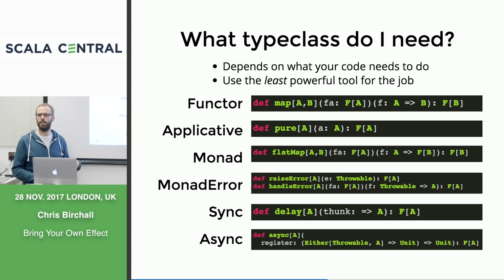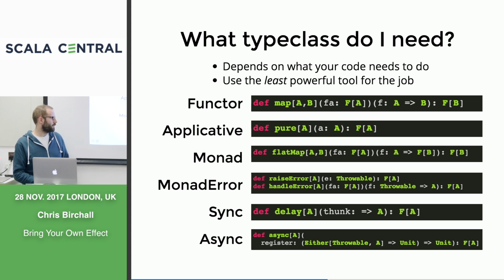It's a way of delaying your I/O, delaying your side effect. And this is what Scala ZIO Task and Cats Effect IO and all of the other ones do. You can take this chunk of side-effecting code that talks to the database or launches missiles or whatever, just wrap it in delay and it will be executed later when you want it to be. So you can control when it's going to be executed.